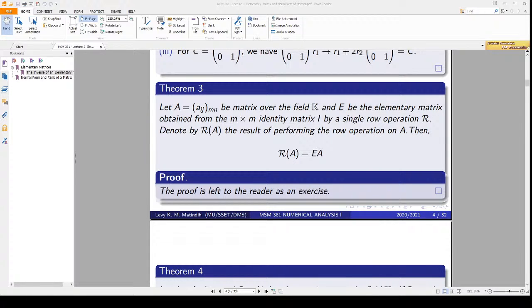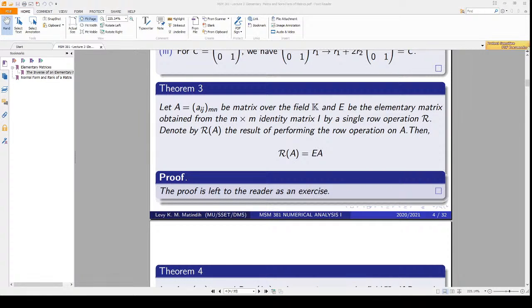Let's look at this matrix A, being an ordinary square matrix. And then we have a matrix E, which is an elementary matrix. Now, E being an elementary matrix, it should be a square matrix. So E is an elementary matrix that you have obtained by applying a single row operation on an identity matrix.